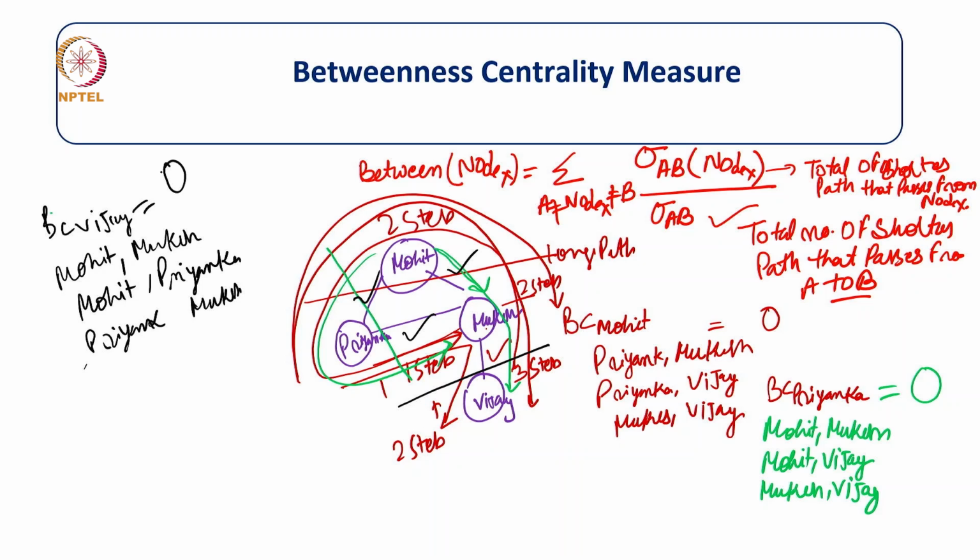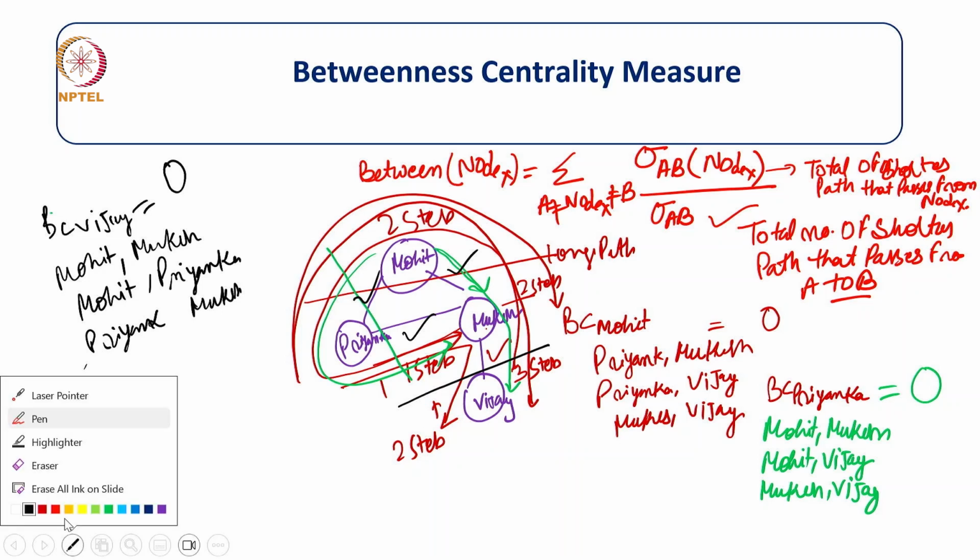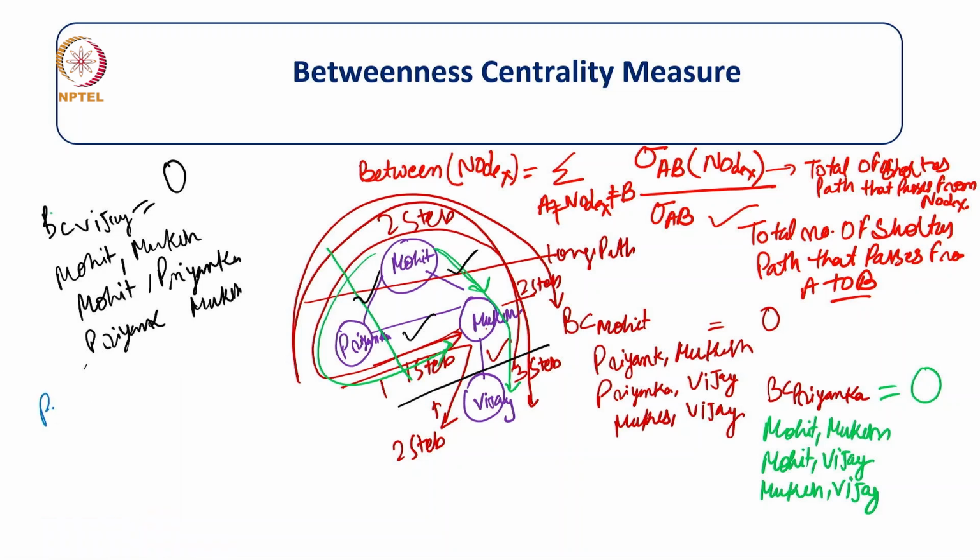Now if we calculate the betweenness centrality measure of Mukesh, we need to calculate the shortest path between Mohit and Priyanka, then Mohit and Vijay, and then Priyanka and Vijay.